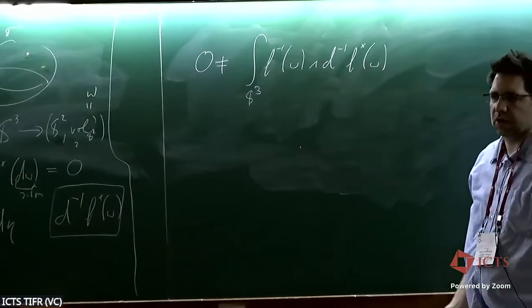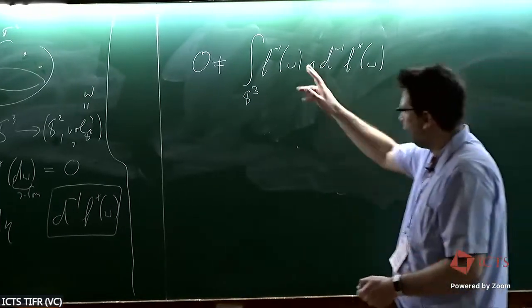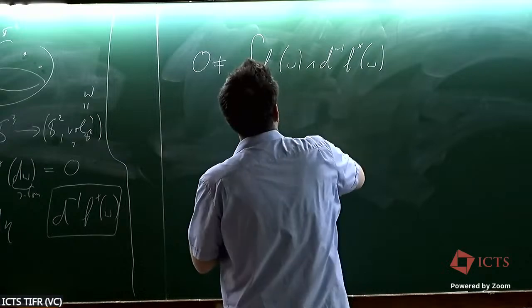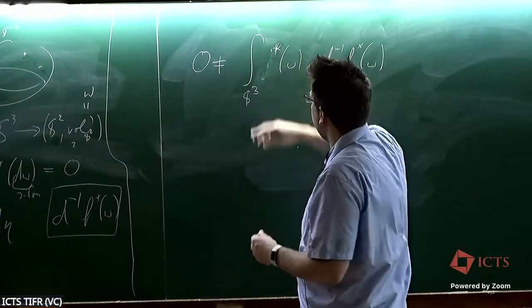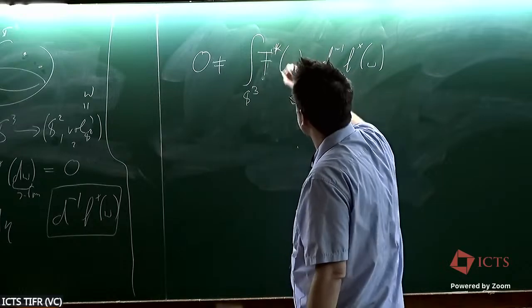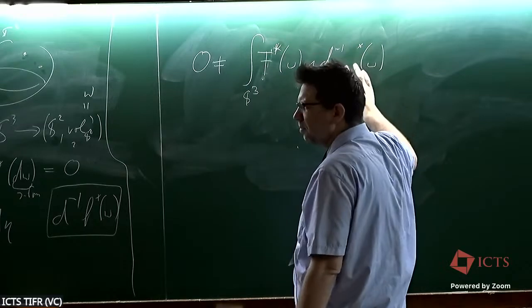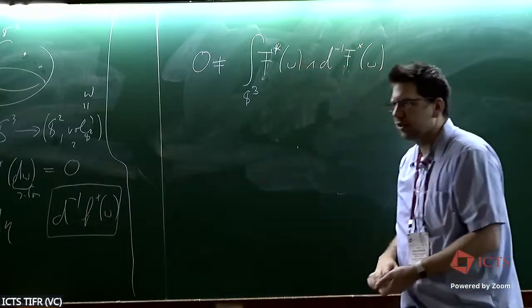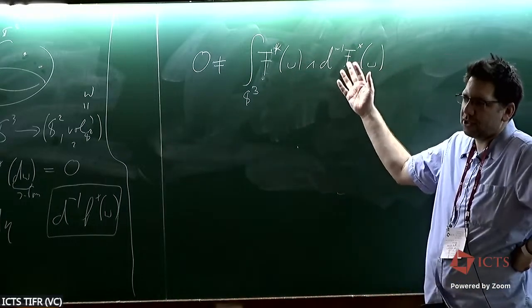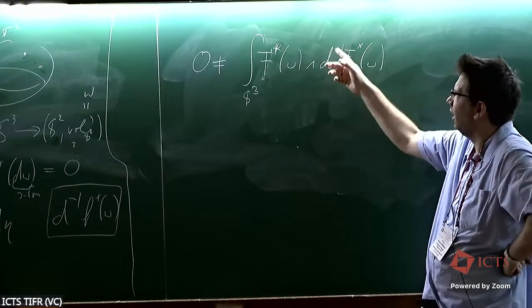What do we do? Stokes, right? F inverse, sorry, this is not F inverse, this is F star. F, little f is the same as capital F. Now here, this is a bit of cheating, right? So somehow behind this, one has to prove that it doesn't matter what D inverse we choose.